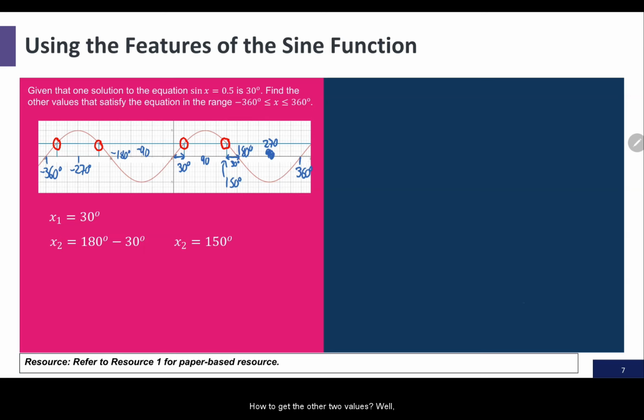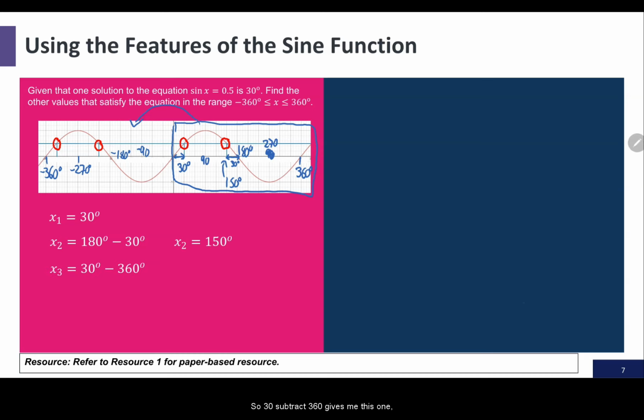How do you get the other two values? Well, we know that the sine function repeats every 360. So this graph here, if I subtract 360, will give me this one. So I need to take my two values in red here and subtract 360.